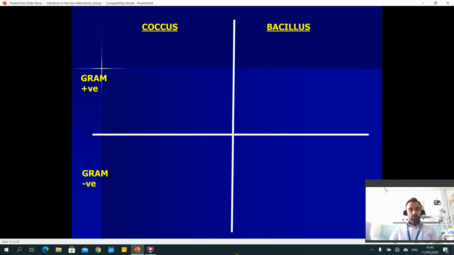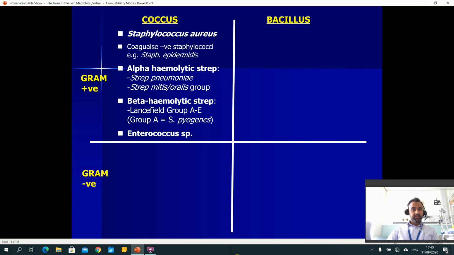So gram-positive cocci, probably one of the more common groups of infections and organisms you'll see. So Staph aureus, again, we've already mentioned this as a common cause of skin and soft tissue infection, often part of our microbiome that usually sits fairly happily on our skin.